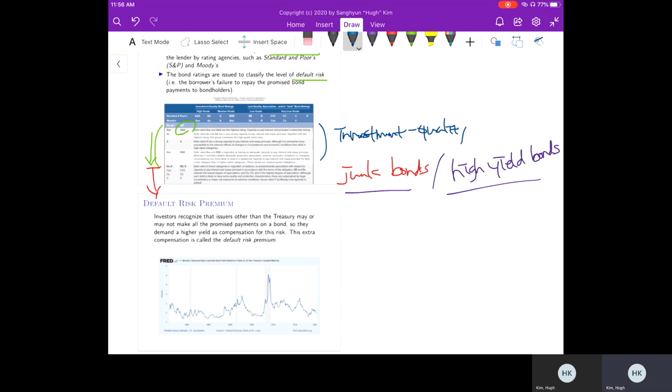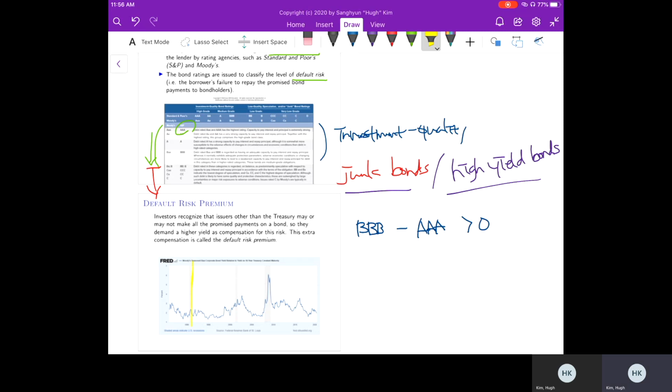And a common measure of default risk premium is the yield spread between BBB bonds minus AAA bonds. So yields on BBB bonds are always higher than yields on AAA. The spread is always positive, as we can see in this figure.